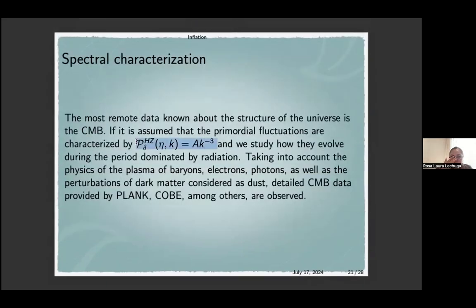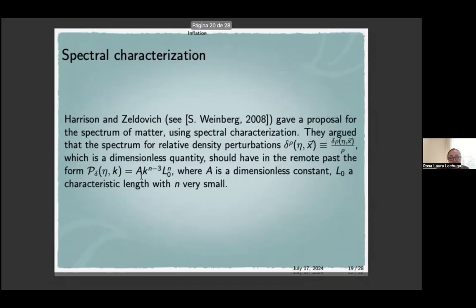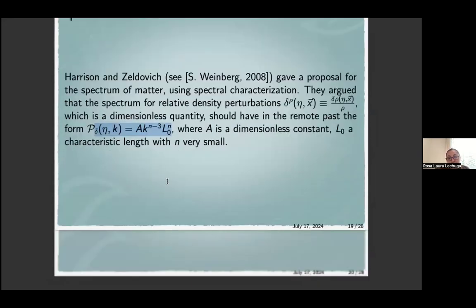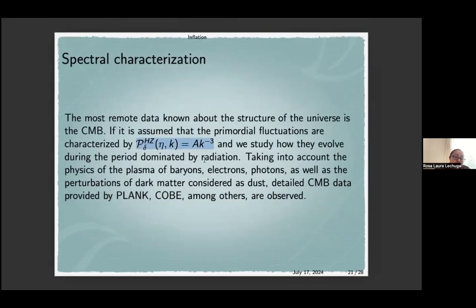Maybe the people that perform the computational part would not agree with me, because I know that changing this n changes all the codes and the numerics. But in terms of the form, it's essentially the same. And with this form, they explain the distribution of matter and of the particular objects that I mentioned, and the correlations and the temperature.